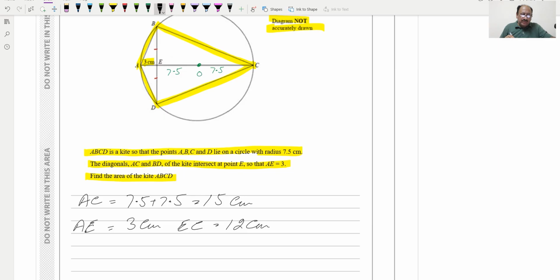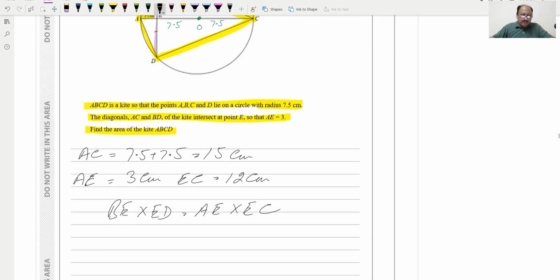Now we can basically write the ratio BE to ED. If we multiply BE with ED, it will be equal to AE multiplied by EC.